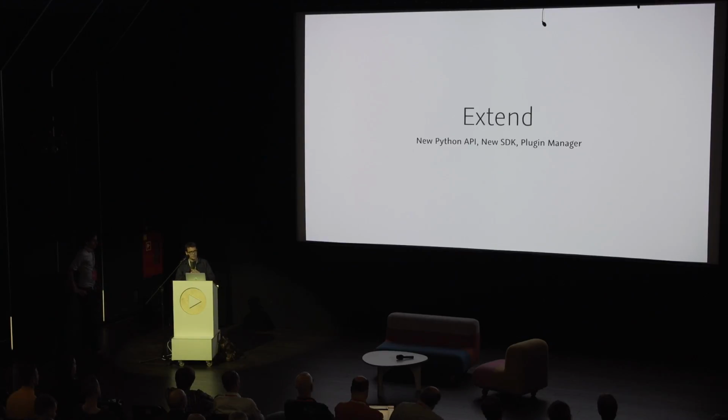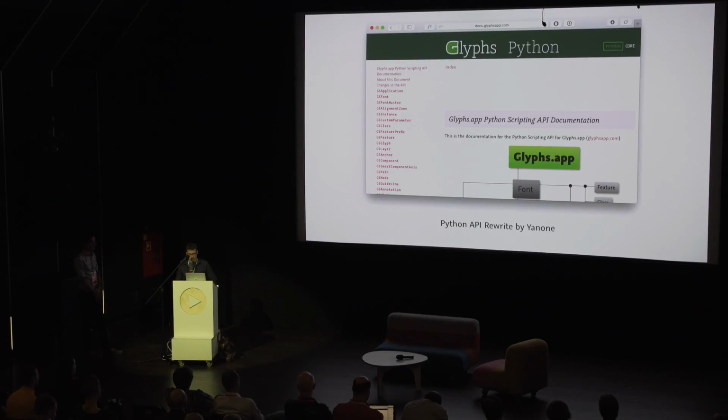But one of the really big new things in recent versions that have happened since ATypI in Sao Paulo was that we radically changed and reworked the Python API of Glyphs. For instance, it's all documented on docu.glyphsapp.com.